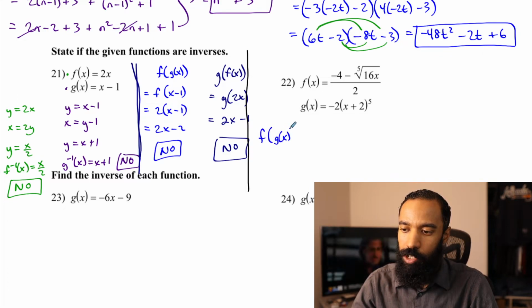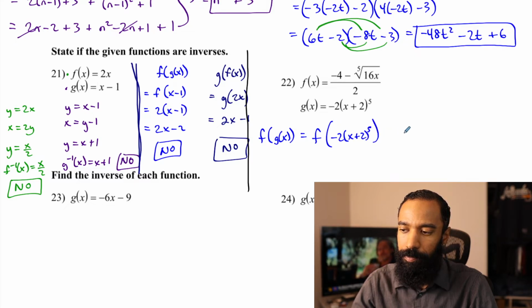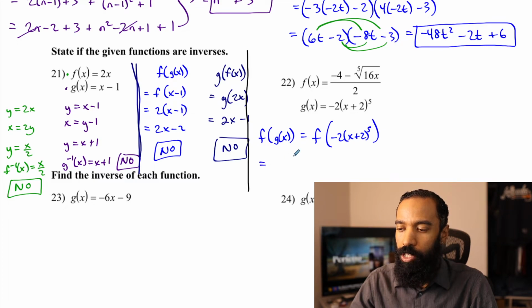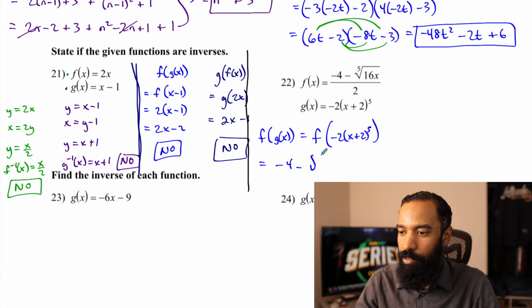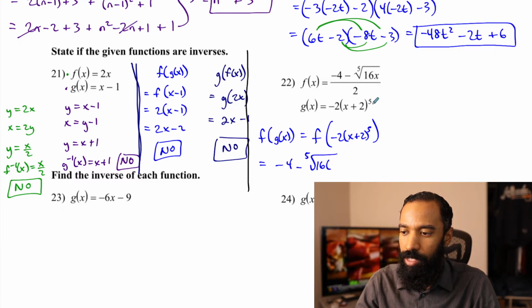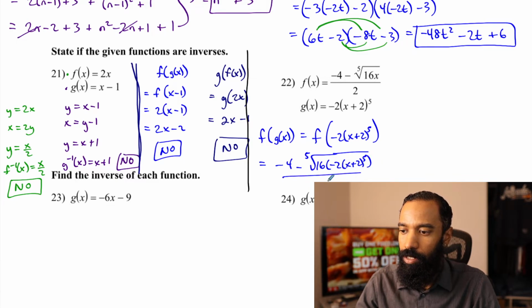F of g of x, which means we are going to be doing f of negative 2 times x plus 2 to the fifth power. Which means we're going to get negative 4 minus the fifth root of 16 times x, which is negative 2 times x plus 2 to the fifth power, all over 2.